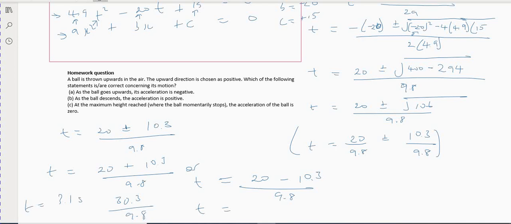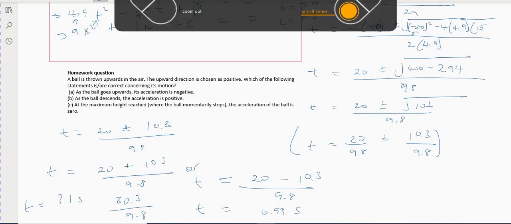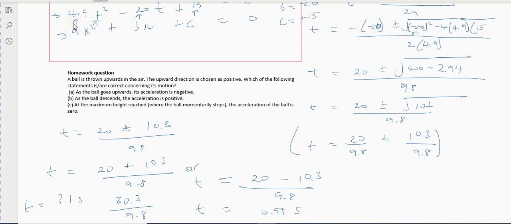and over this side t is going to equal 0.99 seconds. Now you're wondering why we get two time values for a problem like this. It all has to boil down to the fact that when the object is tossed in the air, let me just scroll up to show you.